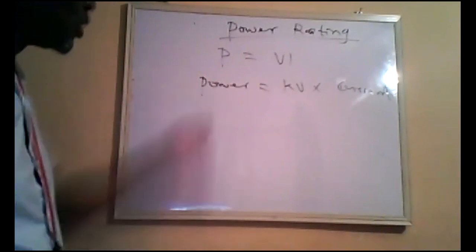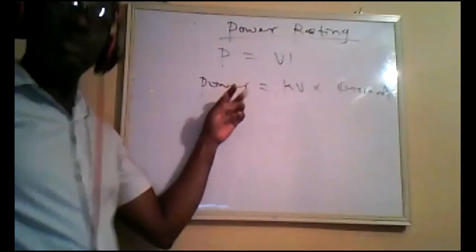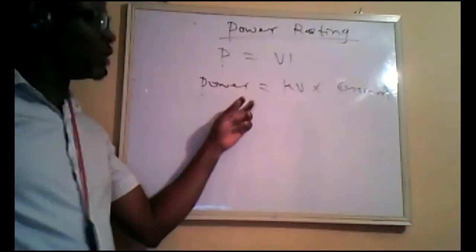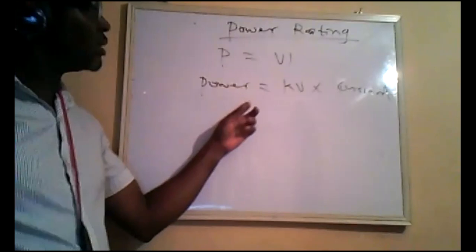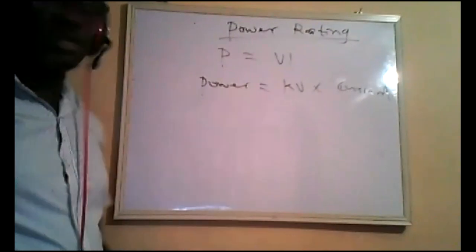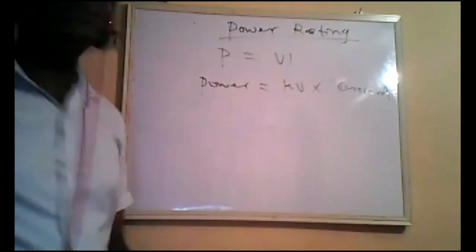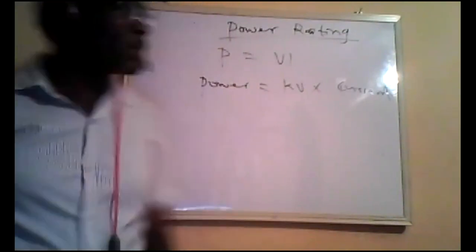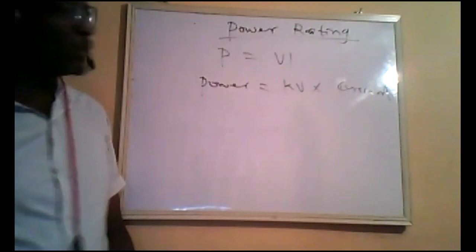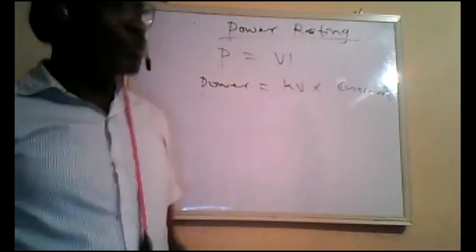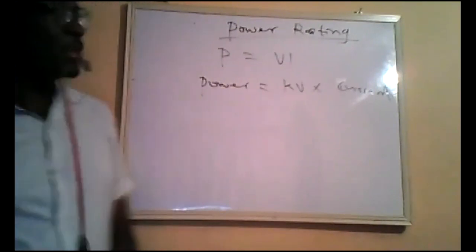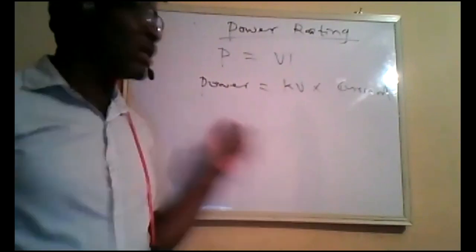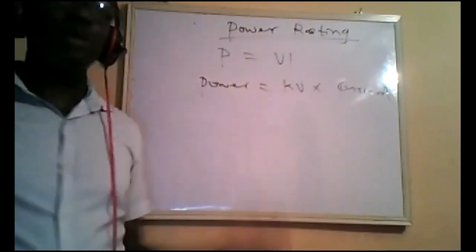We want to know this because it is going to guide us into the heat loading of the generator, the heat loading of the X-ray tube. You don't want to load the X-ray tube such that the tube will be damaged. You want to control the rate of loading. You want to know how much heat a particular X-ray tube is going to accommodate.